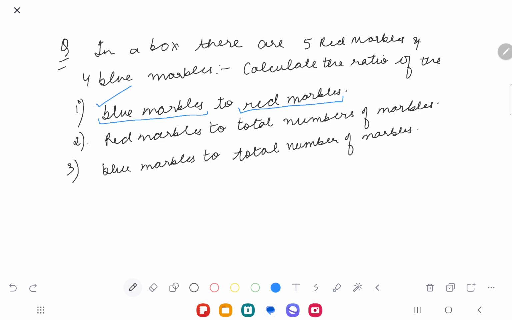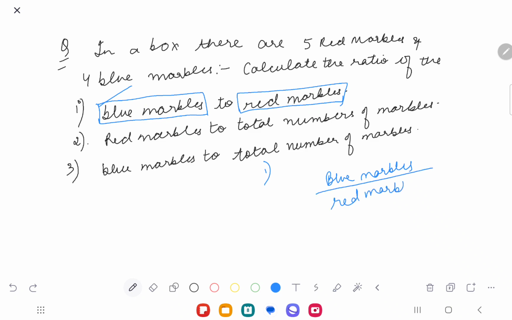The blue marbles, because the blue marbles is written first and red marbles is written later on. So, blue marbles is going to become a fraction. Blue marbles, the first part I'm solving. So blue marbles over the red marbles. How many blue marbles do you think we have?